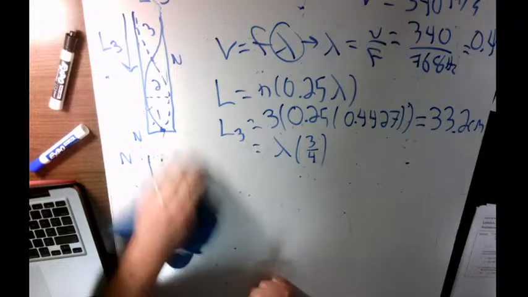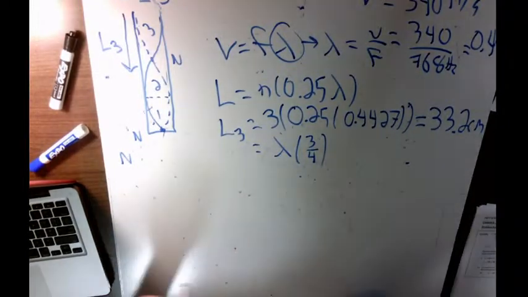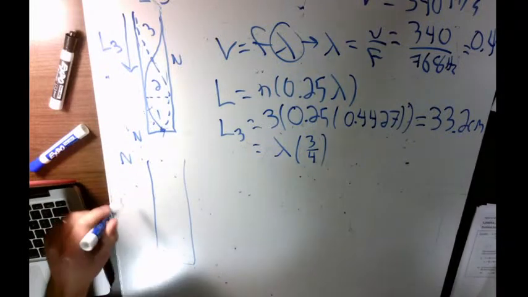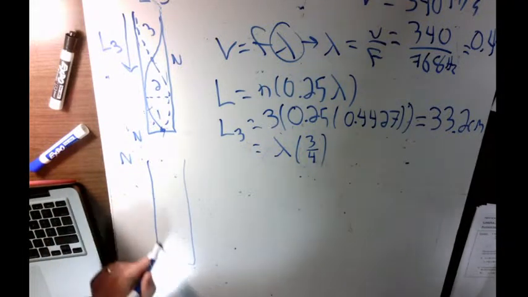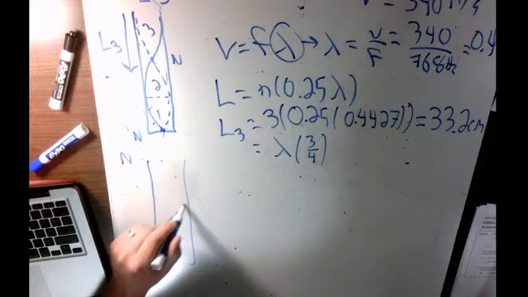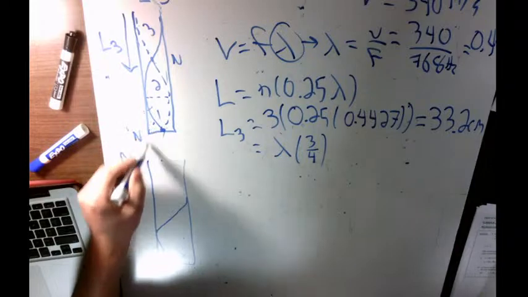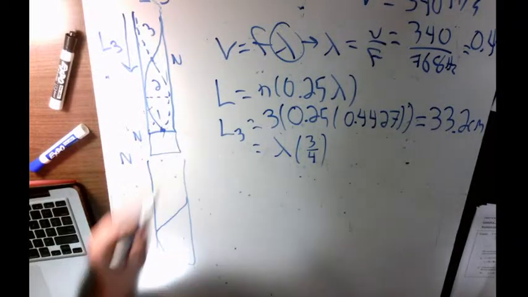So instead, I'm going to go to my next possible harmonic, which is my 5th harmonic. So what's really happening here is I'm lengthening my pipe.